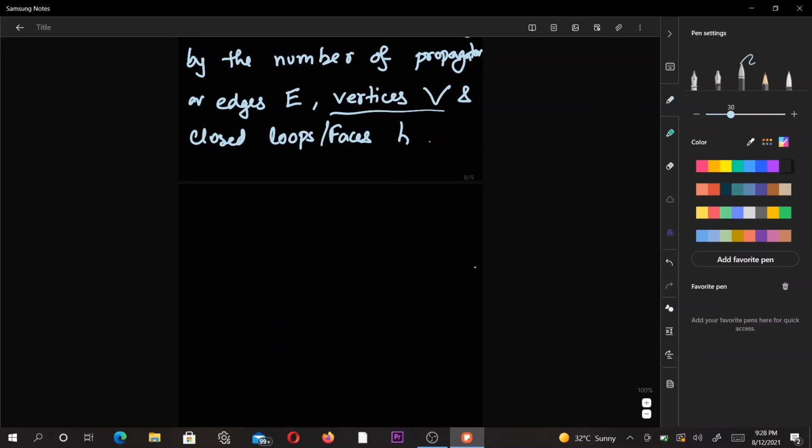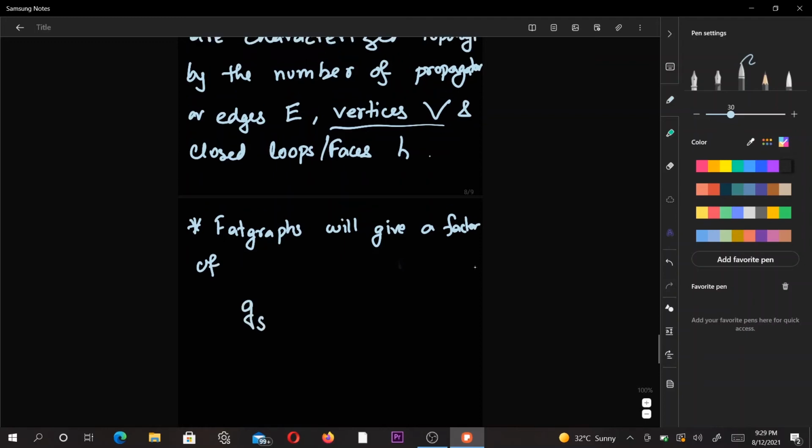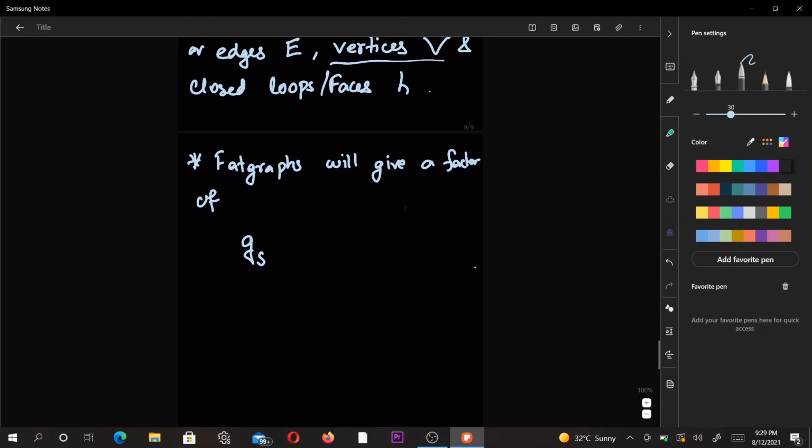Now each fat graph will give a factor of, let's say, g_s. Of course, it comes from the propagators.